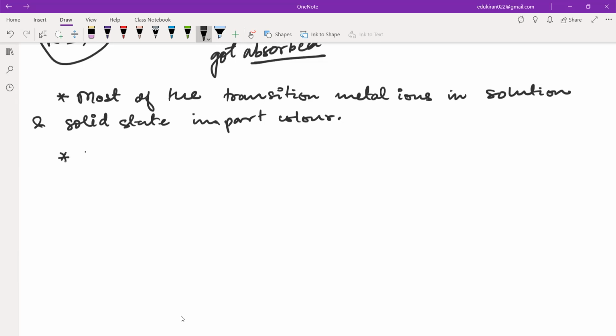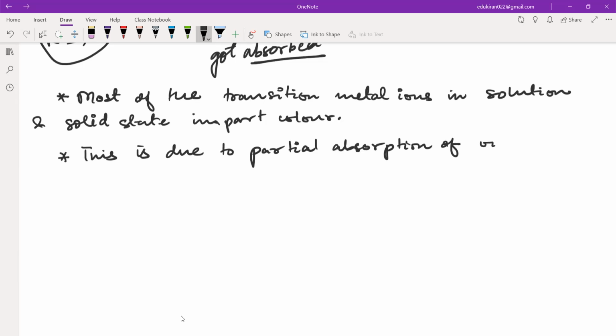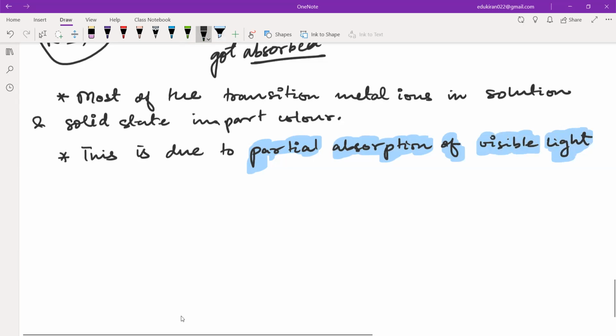This is usually due to, and this is very important, partial absorption of visible light. So why do we see color? Due to partial absorption of visible light. The remaining visible light which did not get absorbed gets reflected back, and that is the color that we see.